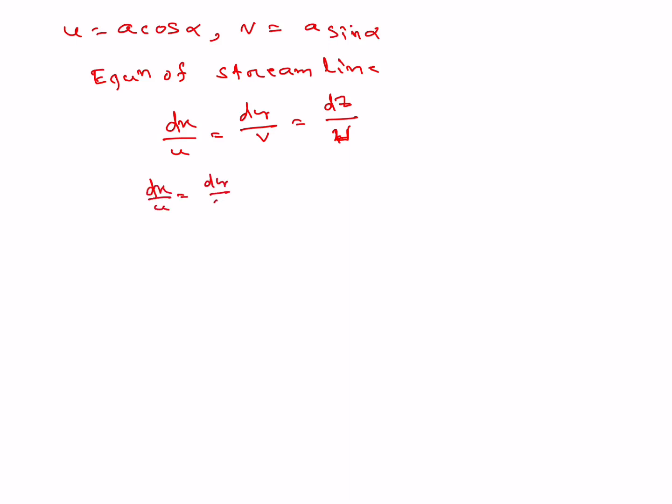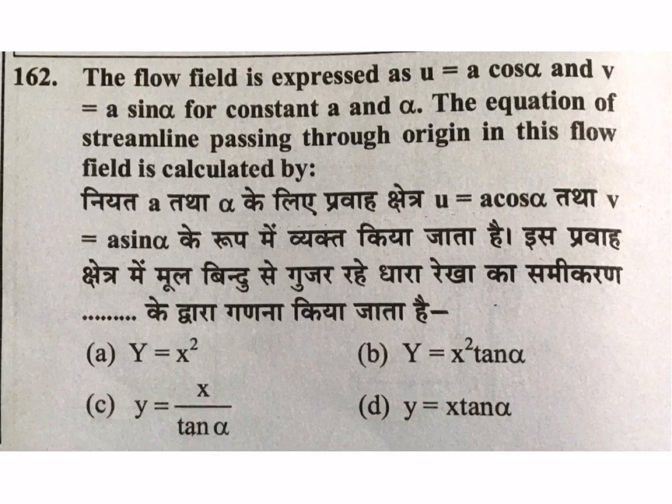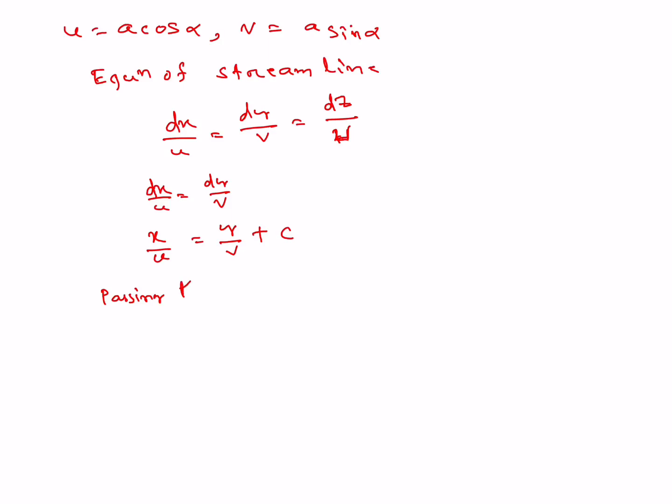dx by u equal to dy by v, and if you integrate you will get x by u equal to y by v plus c. It's passing through origin, so c equal to 0. x by u, value how much?